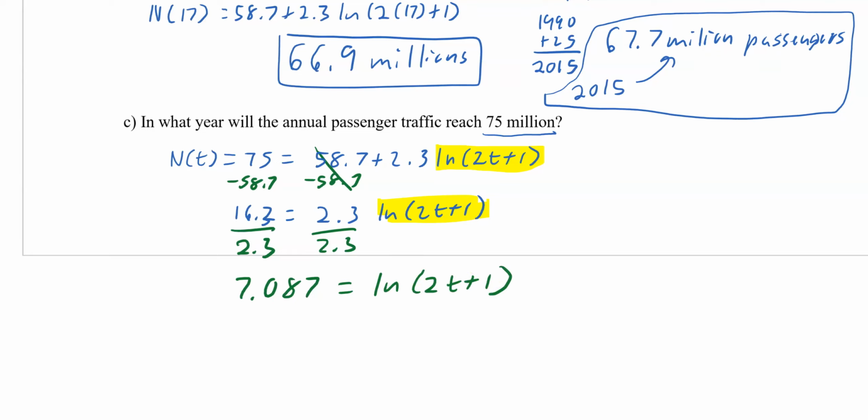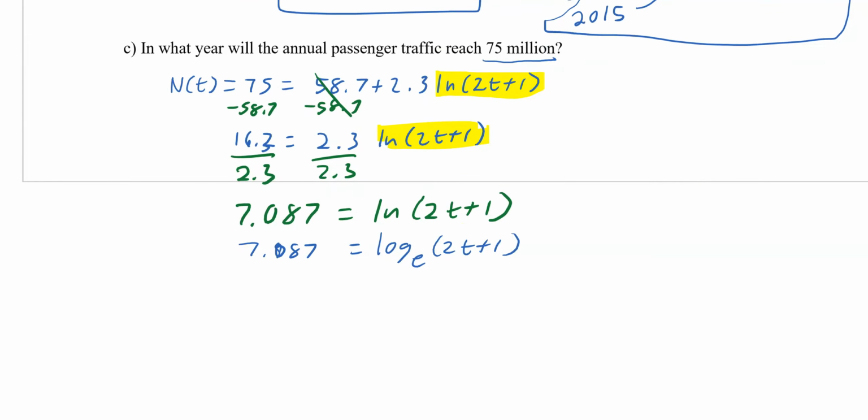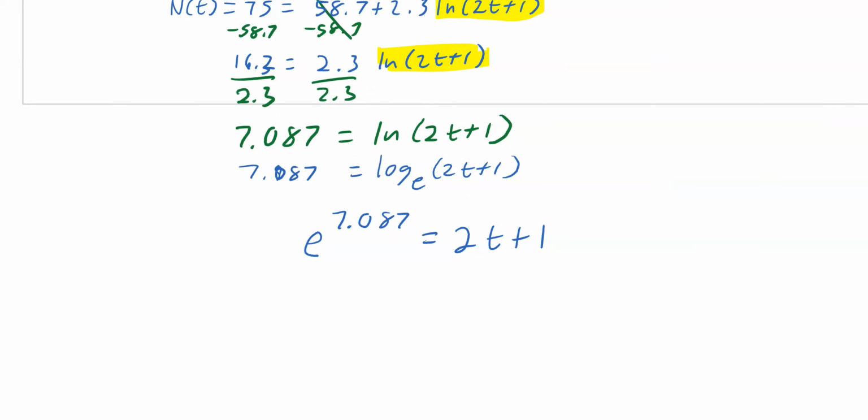All right, and then so now if we rewrite our natural log as log base e. So it means our base here would be e, and again the logarithm always equals the exponent, and then that would equal 2t plus 1. So now if we solve this equation, same exact idea, we're going to subtract 1, divide by 2.